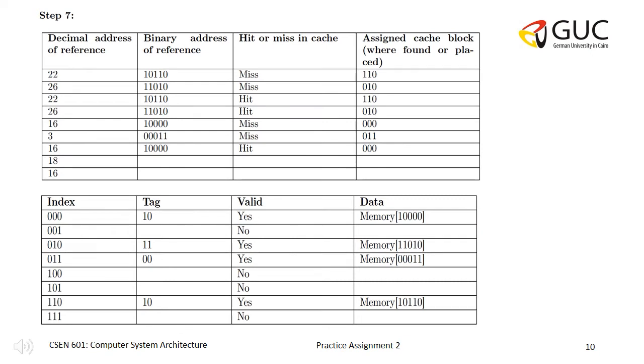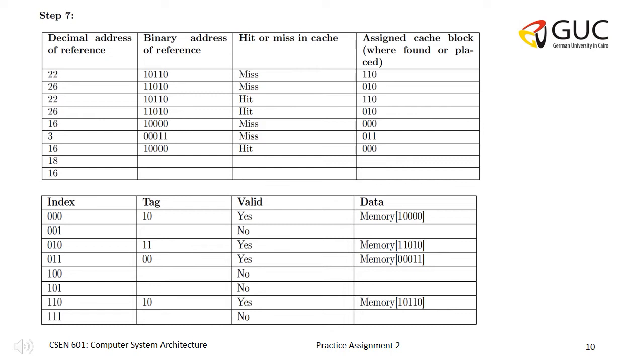The next address is 16. Even if it's clear that we already used address 16, we have to make sure that this is a hit using the algorithm we learned.